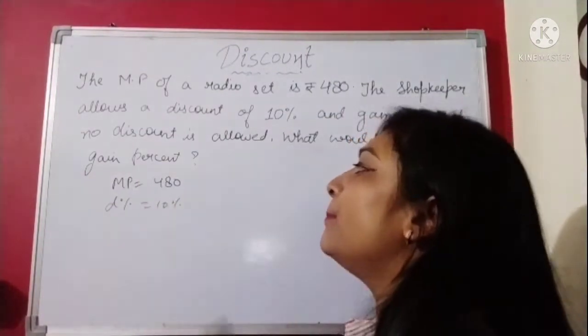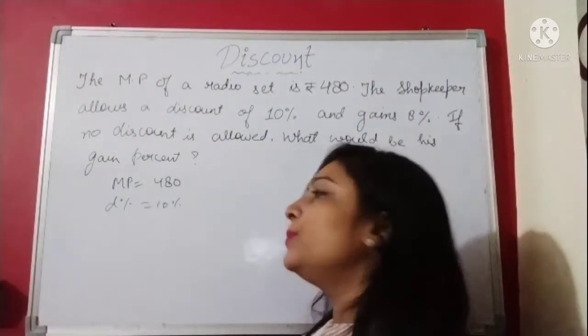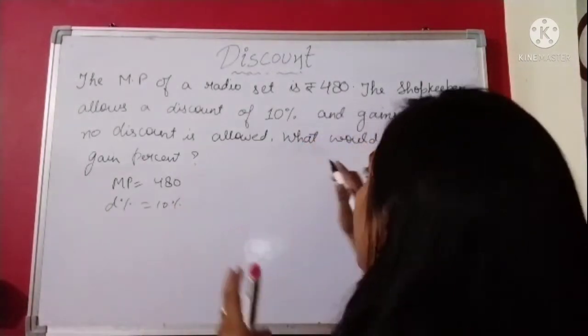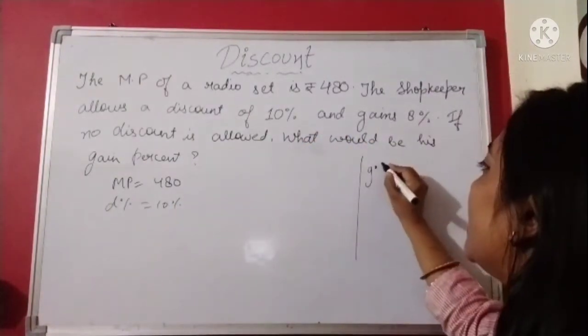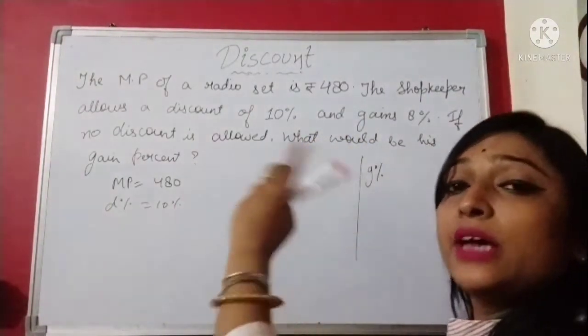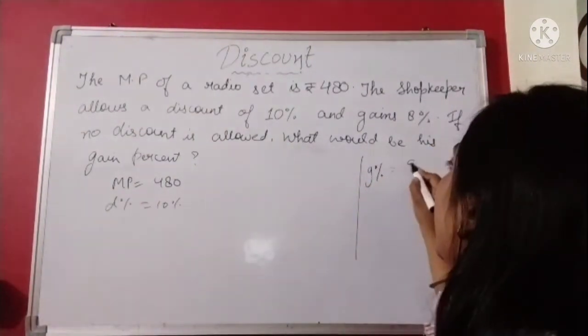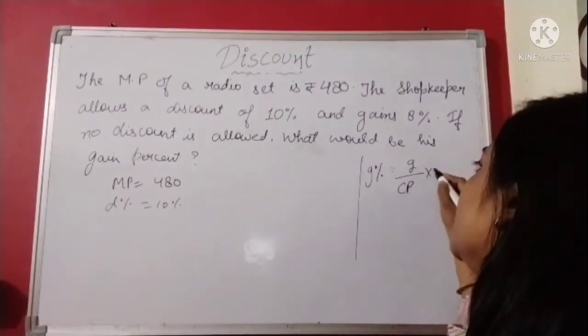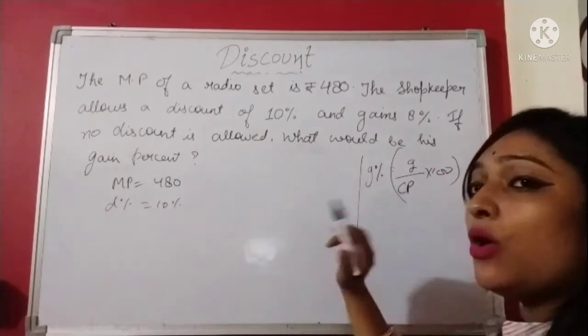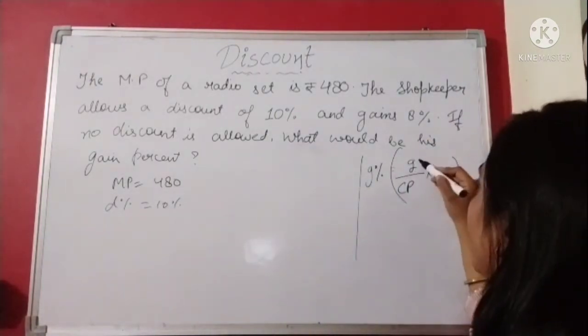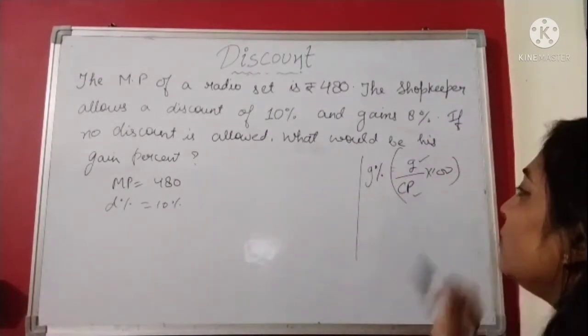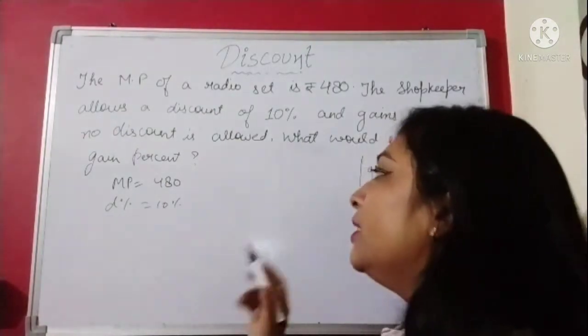Now, first marked price is given, discount percent is given. We can find out gain percent by our basic formula which we have done in a previous video. Gain upon CP into 100, right? Now in order to find out gain percent, we will require value of gain and value of cost price, right?